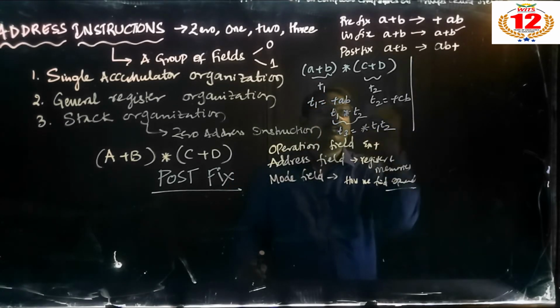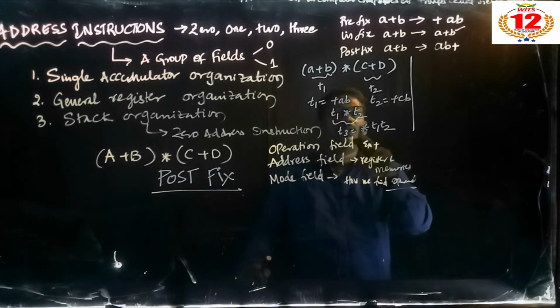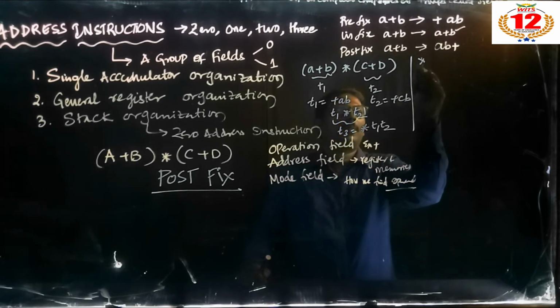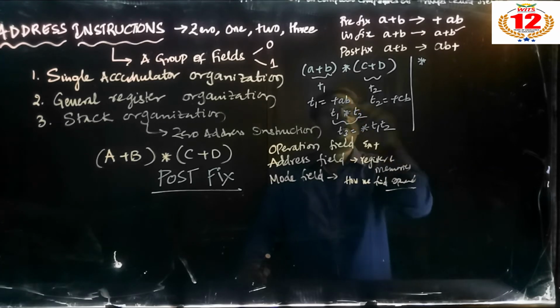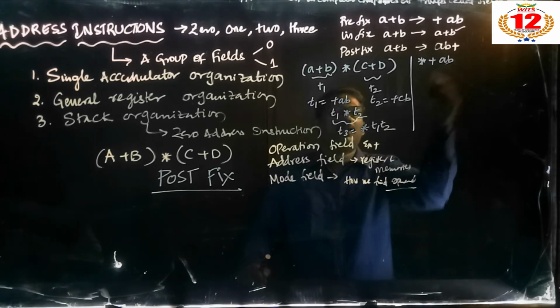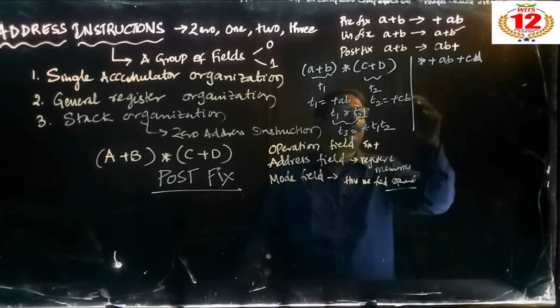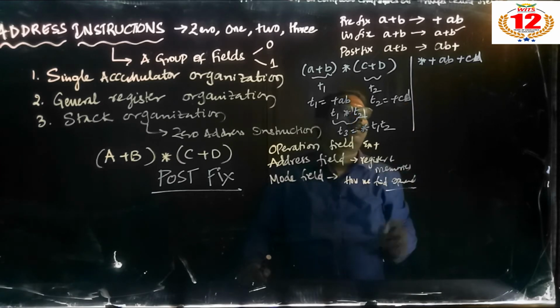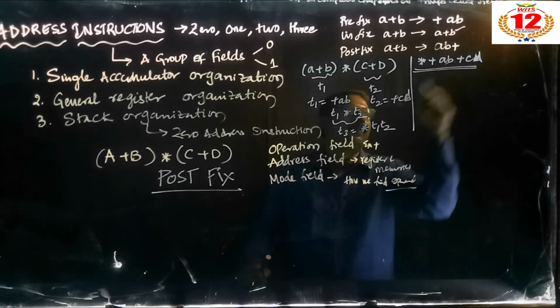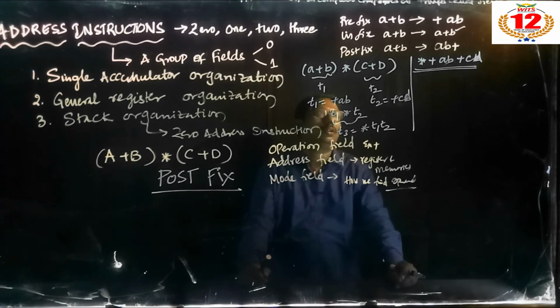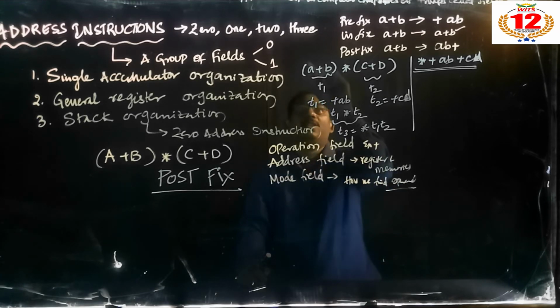Now we calculate this: star, T1 value plus AB, then T2 value plus CD. This is the output for the prefix.